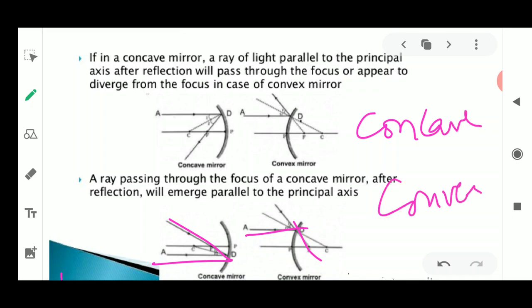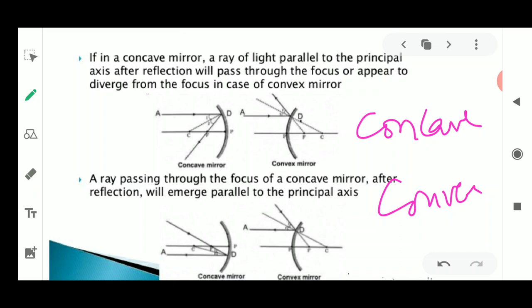So we have discussed 4 rules where a ray of light traveling parallel to the principal axis always passes through the focus. If the light ray is passing through the focus, after reflection it is going to be parallel to the principal axis. So these 2 rules are vice versa, meaning opposite to each other.